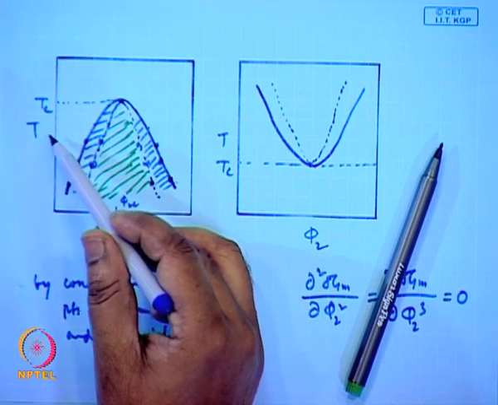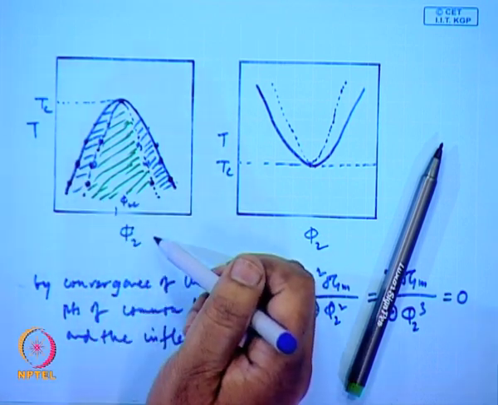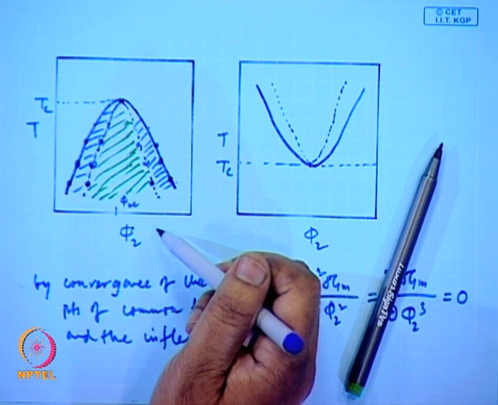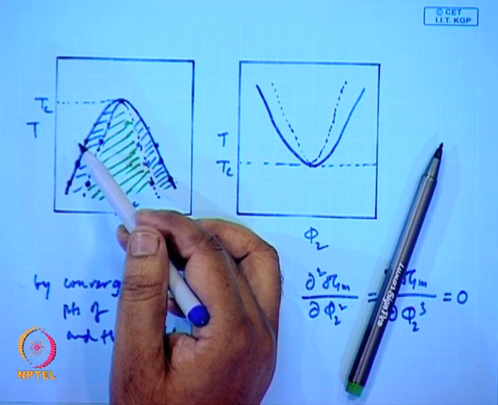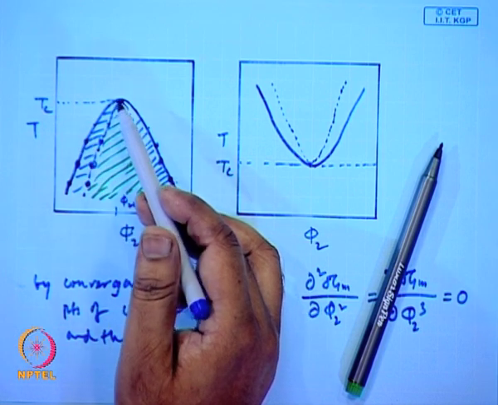So, basically you are plotting at different temperature the composition of the solution. At any point in this region you get a single phase, which is polymer soluble in the solvent.